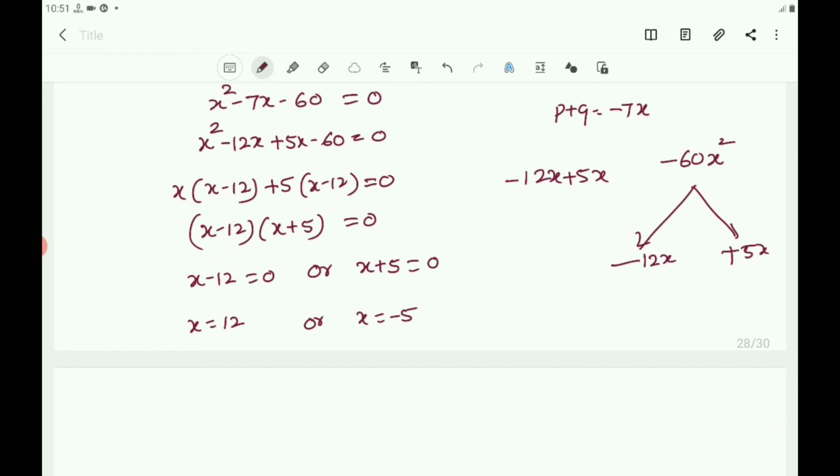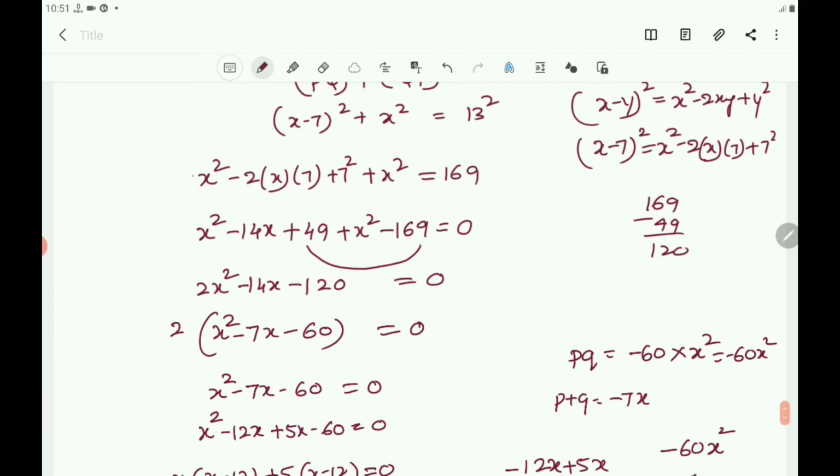So you have to consider x equals 12. Here the base is x, which equals 12, and the altitude equals x minus 7, that is 12 minus 7, which gives 5.